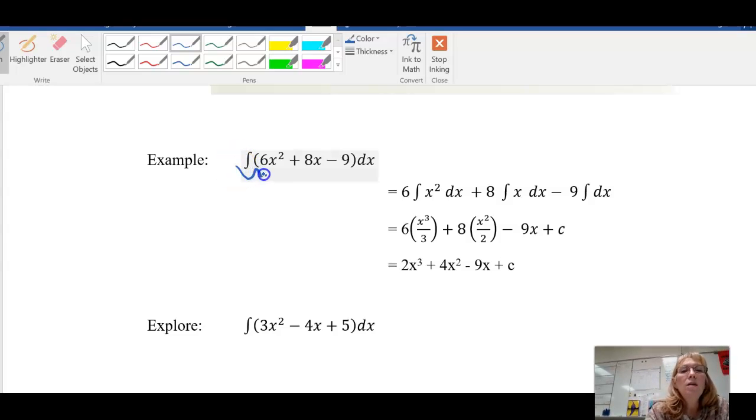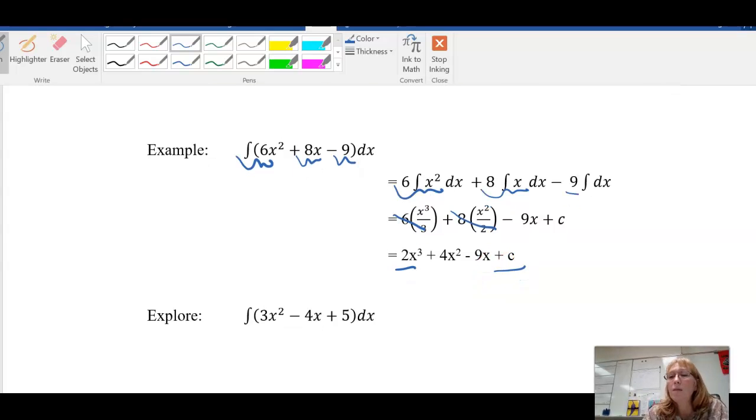I can do 6x squared first and pull the 6 out, plus the 8x, and the 8 comes out, and then minus the 9, and the 9 comes out. So the derivative of x squared is x cubed over 3, giving me 2x cubed. X is x squared over 2, giving me 4x squared. Remember, nothing here means x, so it's minus 9x. Don't forget your plus c.